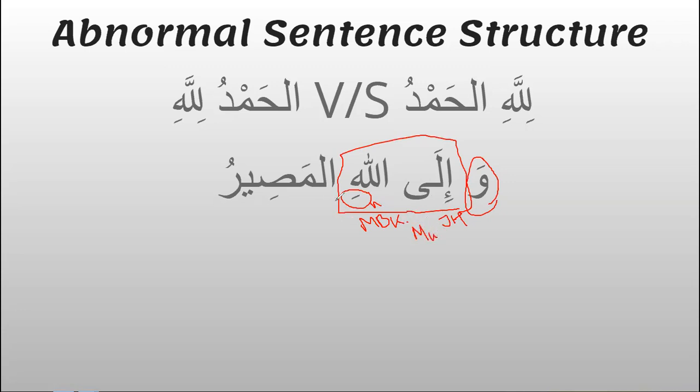And al-masiru is our first rafa, so it's mubtada, but it came after its right place. So mubtada muakhar and muta'alliq bil khabar muqaddam. Okay, so what does it do? It adds "only." So ilallahi masir.